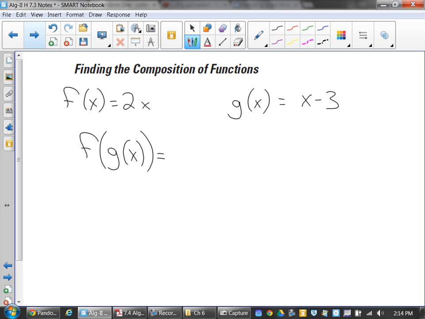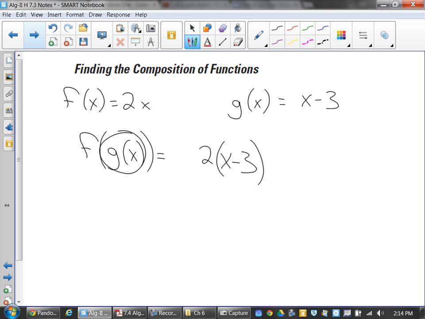So here's how I always write these out. The innermost parenthesis is g of x. You agree? Write it down. Now surround it with the f equation. What I mean by surrounded by the f equation is the f equation says 2 times x, right? Well, this is the new x.